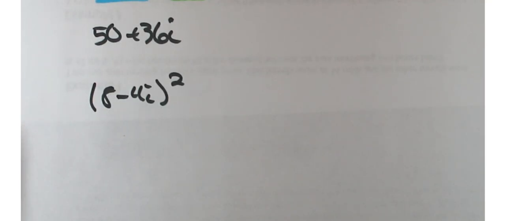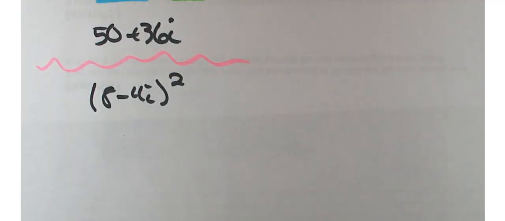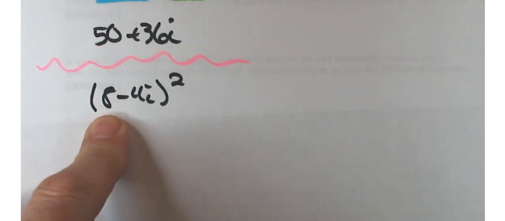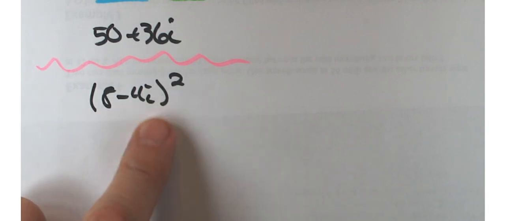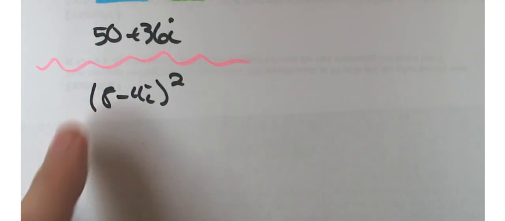Now you can't take a shortcut on this. You can't go 8 squared is 64, minus 4i squared is plus 16, etc. It just doesn't work. What are you going to have to do to multiply this out?